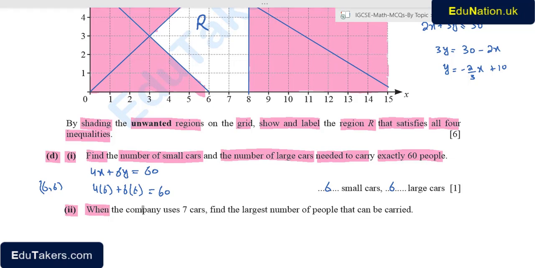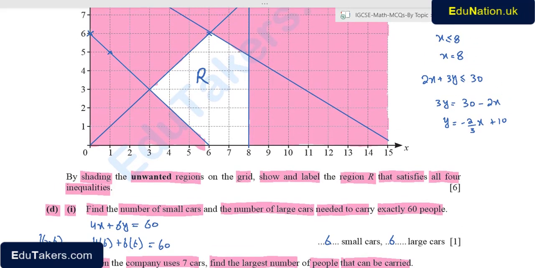Part 2. When the company uses 7 cars, find the largest number of people that can be carried. With 7 cars, it can be this point (7, 0), it can be (6, 1), it can be (5, 2), or it can be (4, 3). Here 3 are large cars and 4 are small cars, and a large car can carry 6 people and a small car can carry 4 people.